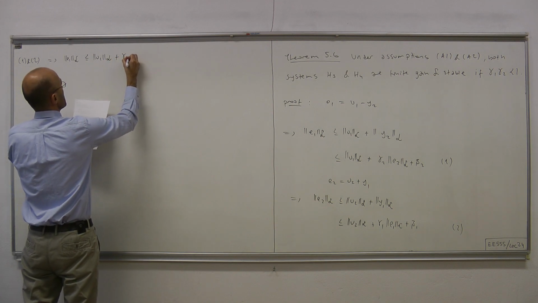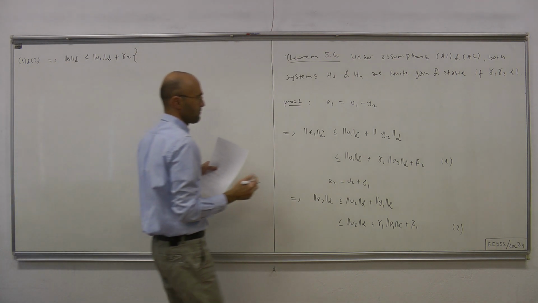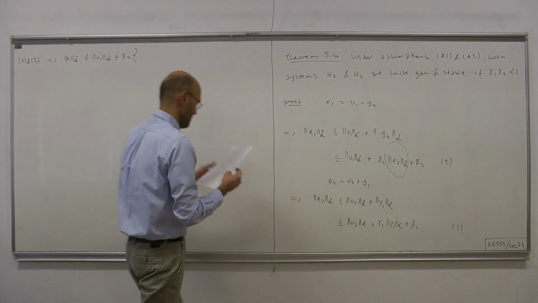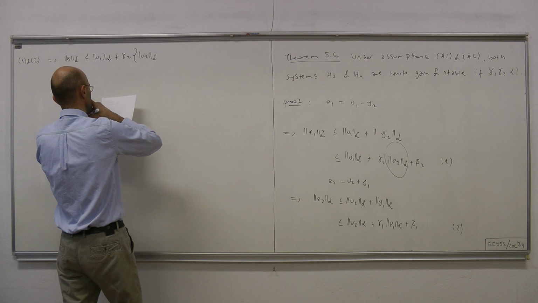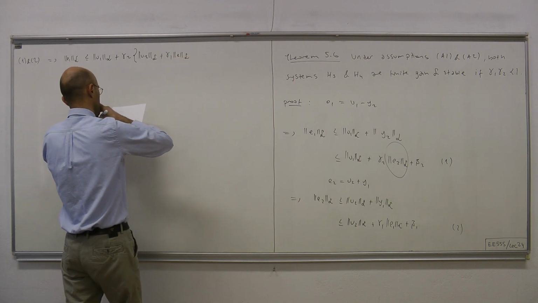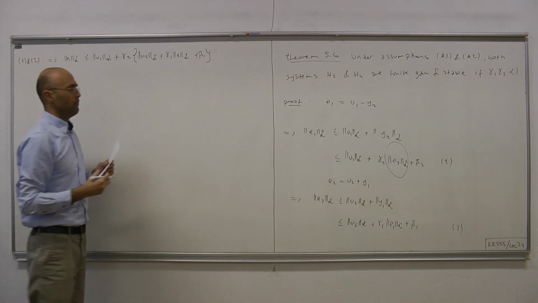Plus gamma 2 times what upper bounds this term, which is here, the L norm of U2 plus gamma 1 times the L norm of E1 plus beta 1.